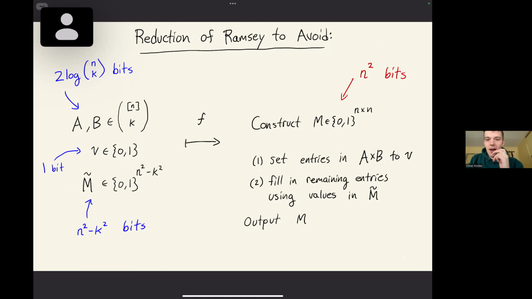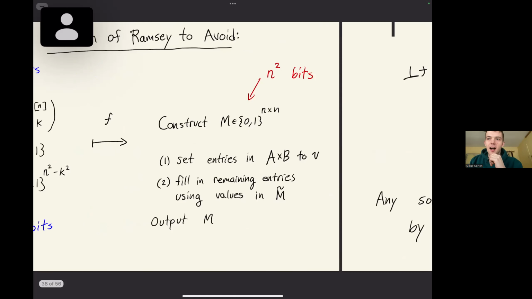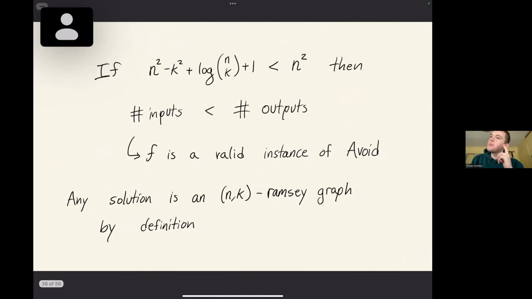You can just count this up, and provided I choose the parameters as in Erdős's proof, if I choose k a bit larger than log n, the number of inputs will be strictly smaller than the number of outputs. And so we'll actually have an instance of range avoidance. And like I said, by definition, anything outside the range of this function is a Ramsey graph. So any solution to this range avoidance problem is going to give us an example of a Ramsey graph.